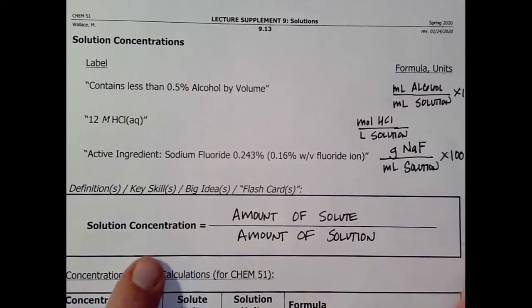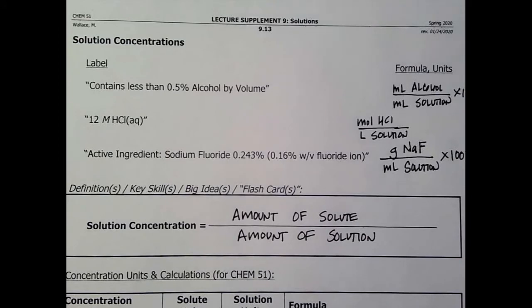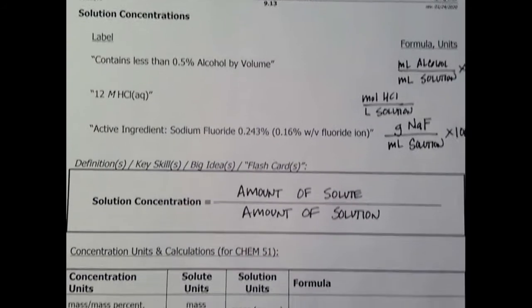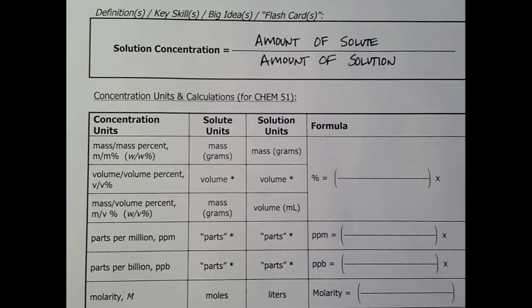Now, there are variations of this, but this is what we mostly see. Amount of solute divided by amount of solution. Now, I'm saying amount. Could be a volume, could be a mass, could be moles, could be any number of things. Which leads us to our common concentration units.